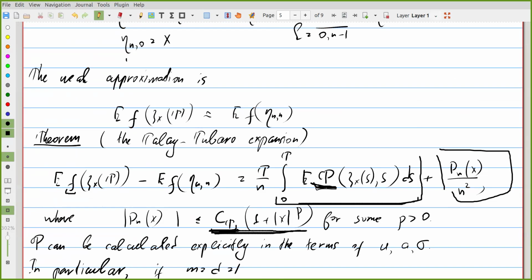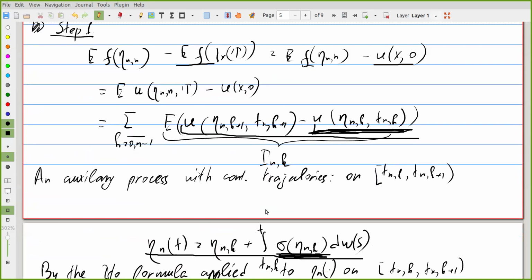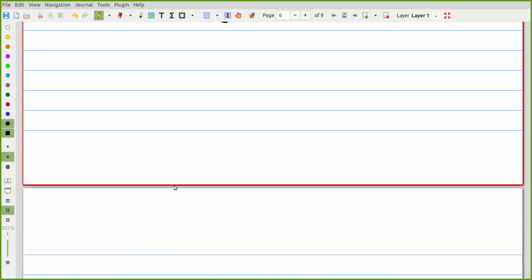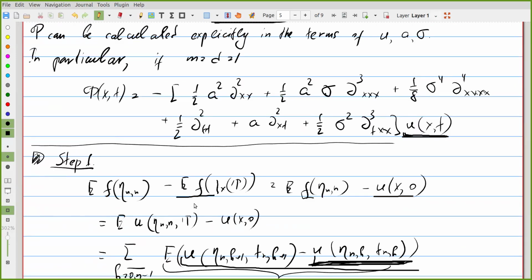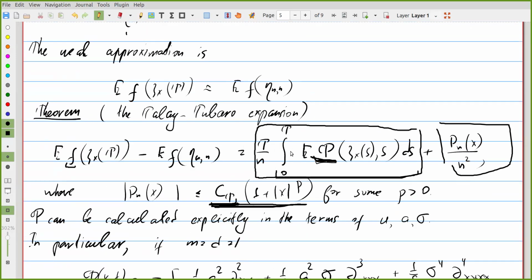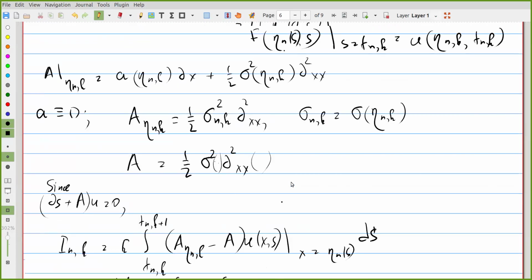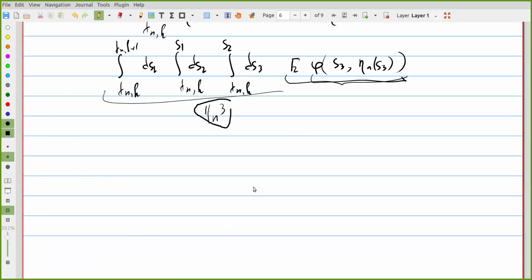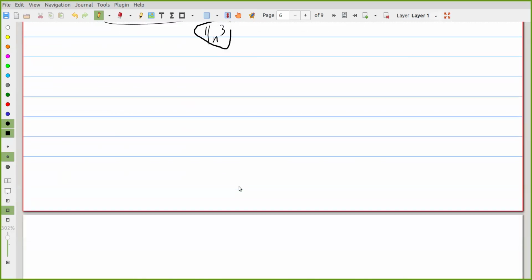So we need to understand why we get exactly this. Since we have t over n and we have the sum, this difference, i and k, should be of the second order. But let's do some calculation to understand how we find that function capital Φ.